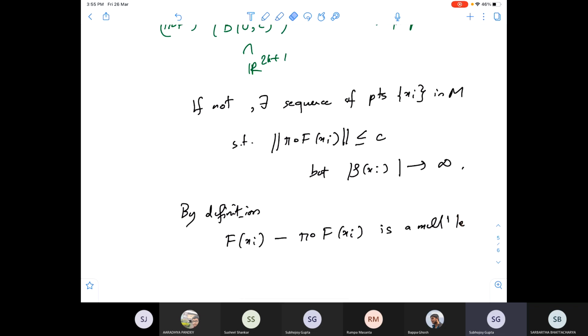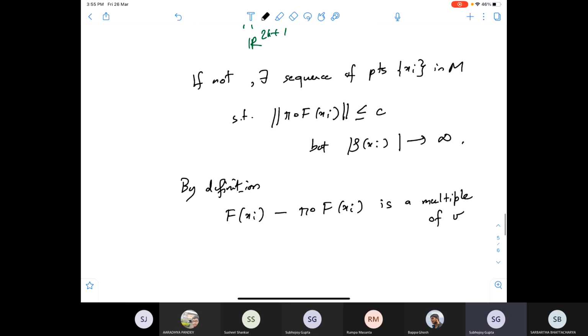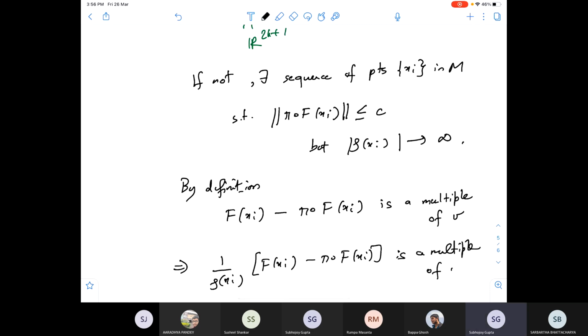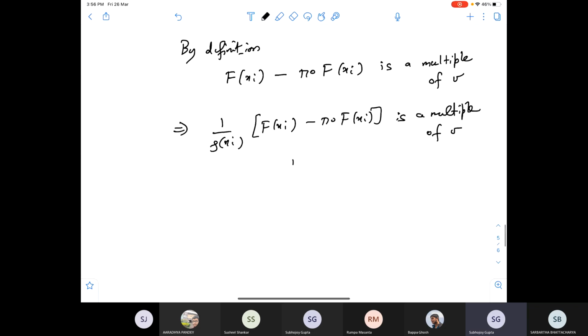So this is a multiple of this vector v, v in R to the 2k plus 2. Let's divide this by rho i of xi. So this is also a multiple of v. I've just scaled it, and I'll call this wi.